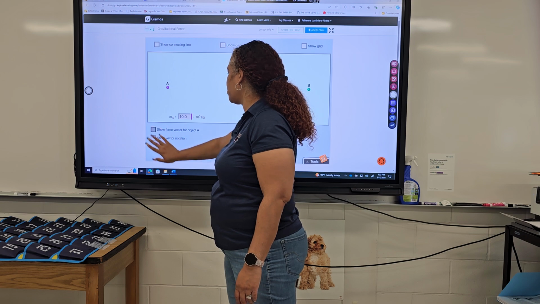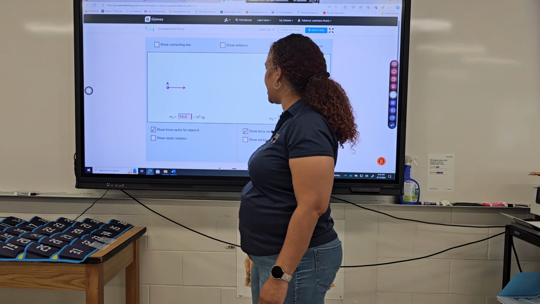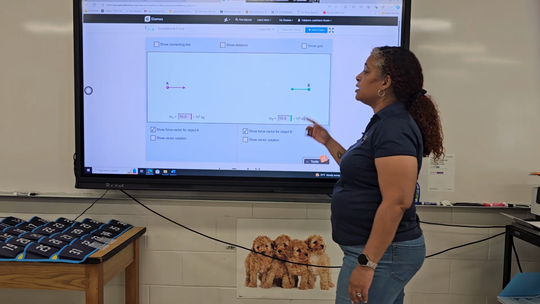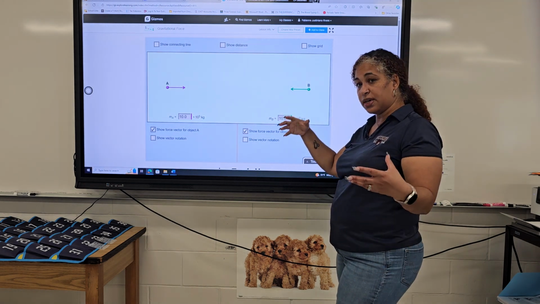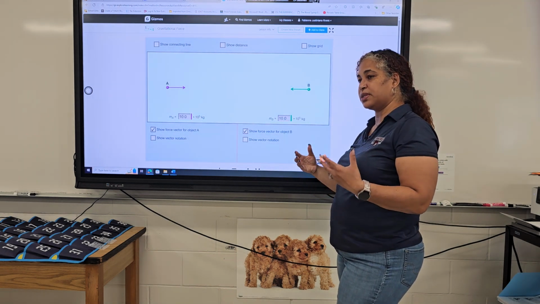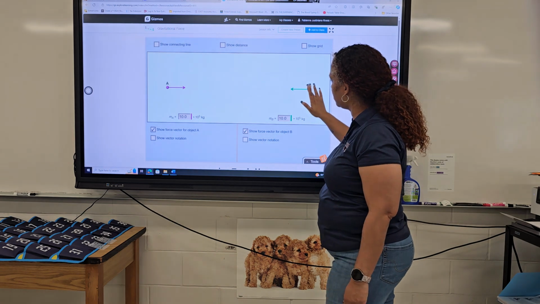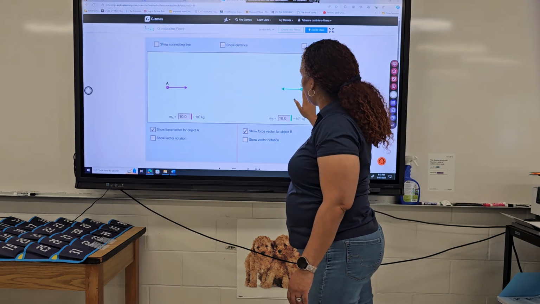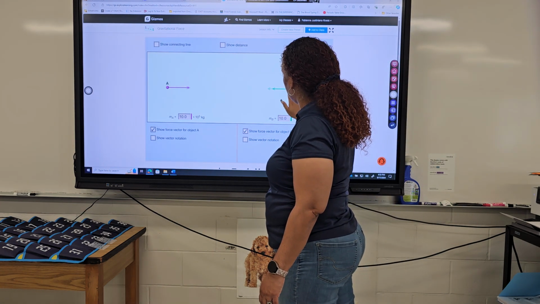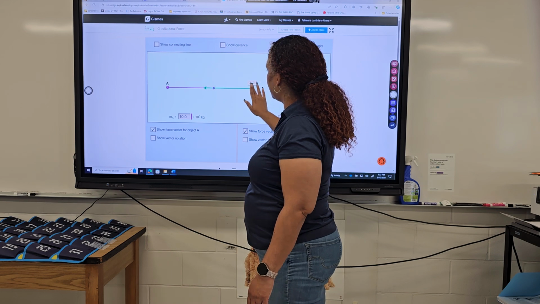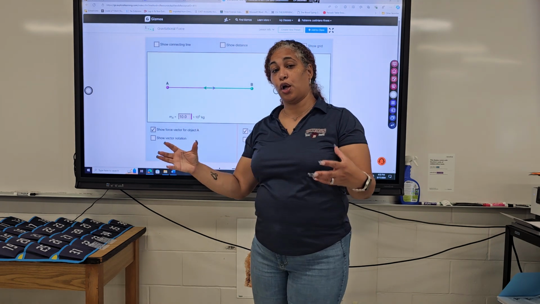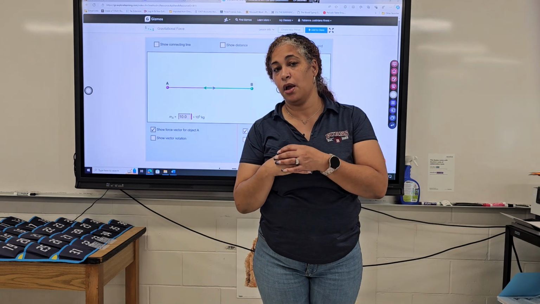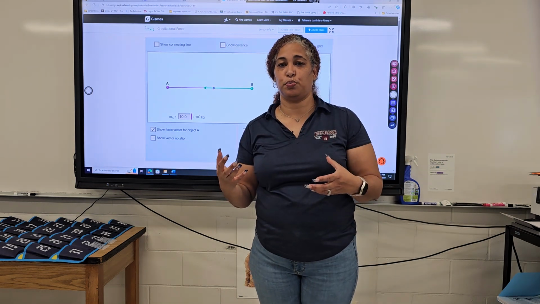So we're going to show the force vectors for A and B, okay? As the force increases, these vectors will get longer. As the force decreases, the vectors will get shorter. So if you notice, as we bring these together, the vectors got longer. The closer they get together, the greater the gravitational pull.